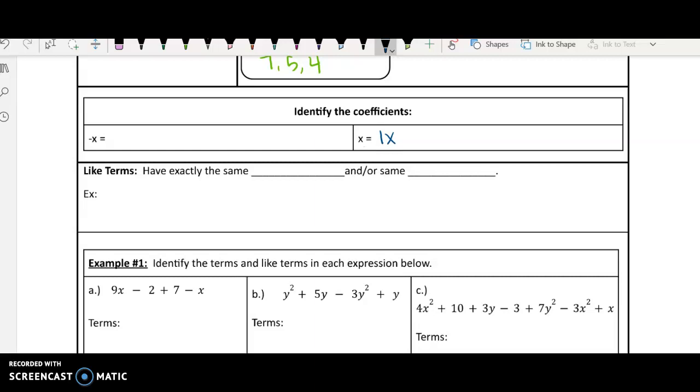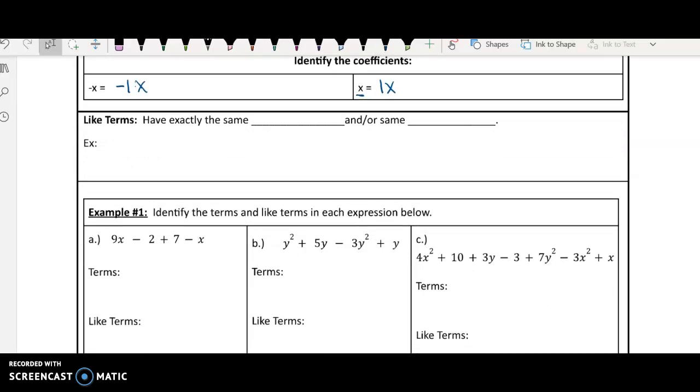So mathematicians write it as just x because they're too lazy to write a 1 there. So when we have a negative x, what that's saying is we're actually multiplying negative 1 times x. But instead of writing that 1 in the multiplication sign, we again are lazy and we just put negative x.